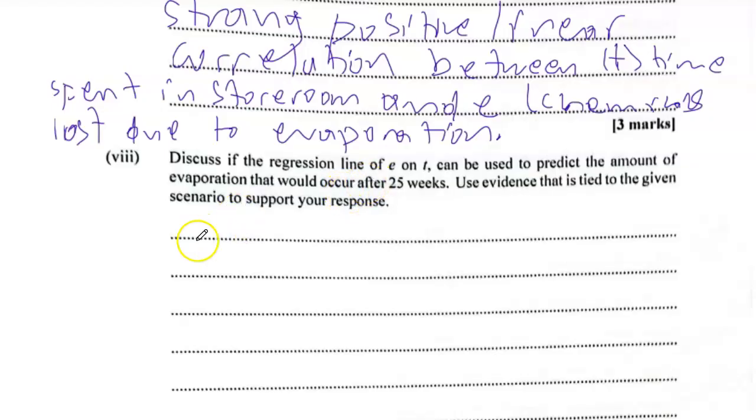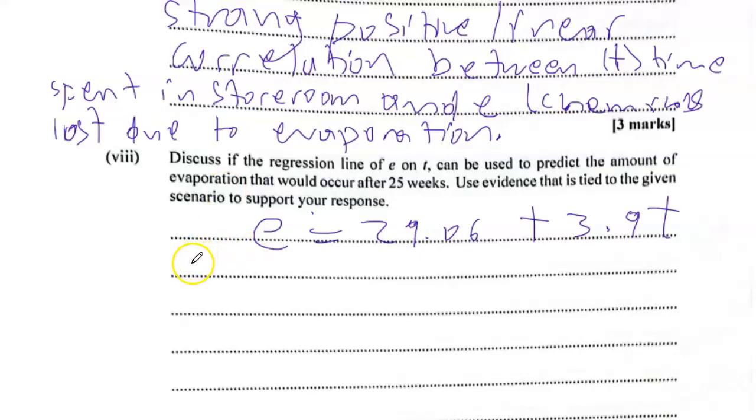So remember the regression equation that we have: E was equal to 29.06 plus 3.9t.